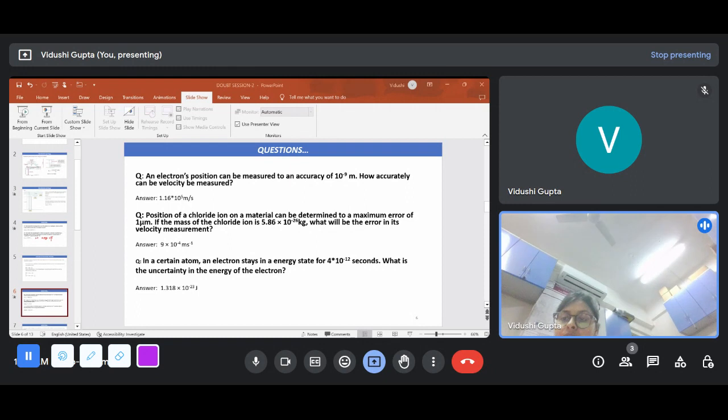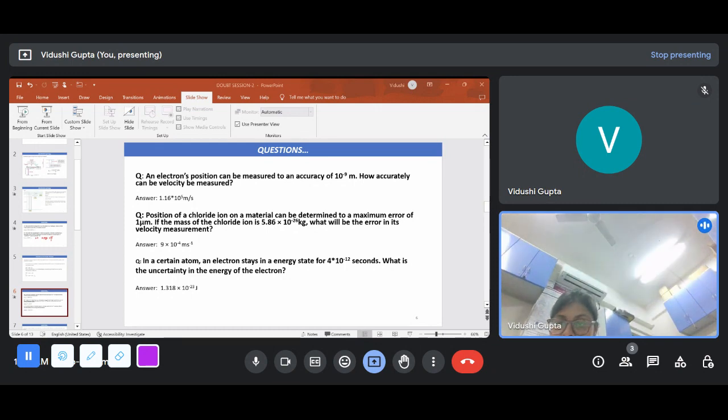Now we have to calculate whether x and px will commute or not. X is the position operator and p will be the momentum operator, and we know the value of px, it will be equal to minus iota h cut curly by curly x.